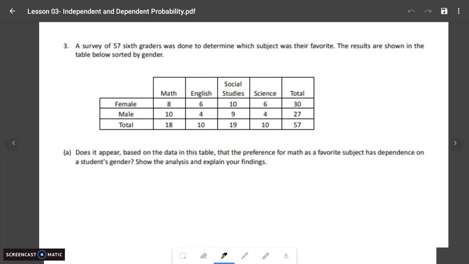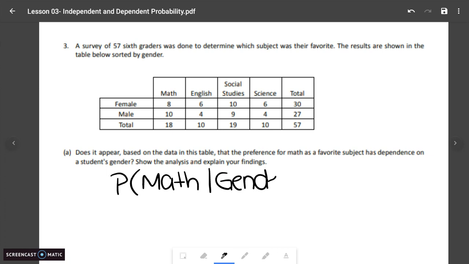So we can say the probability of math being the favorite given the gender would still be equal to the probability of math.